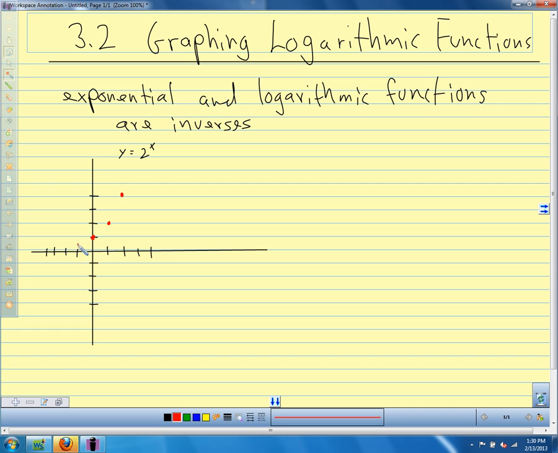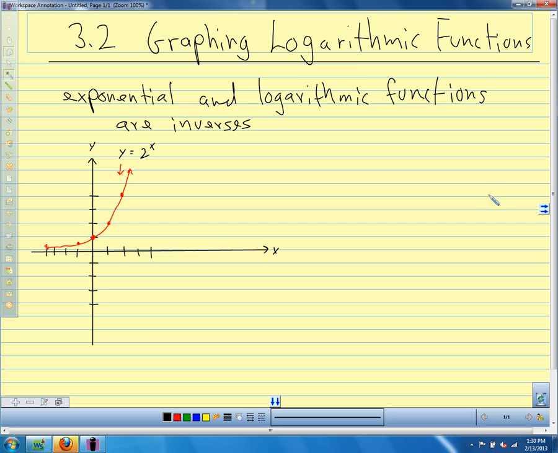So our function looks like this. So a rough sketch of our graph. I just plotted some points. It is going to look something like this. And we said that y equals 0, the x-axis, is a horizontal asymptote for this graph, and it's always increasing as long as our base is greater than 1.